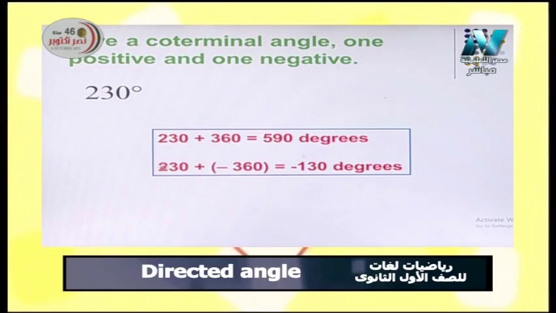And 230 plus negative 360, which is a complete round but in the clockwise direction, equals negative 130 degrees. So negative 130 degrees is the negative equivalent angle for 230, and 590 is the positive equivalent angle to 230.